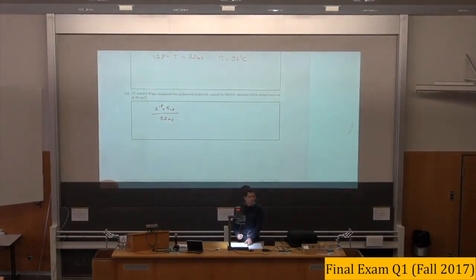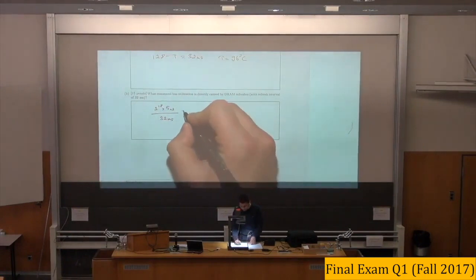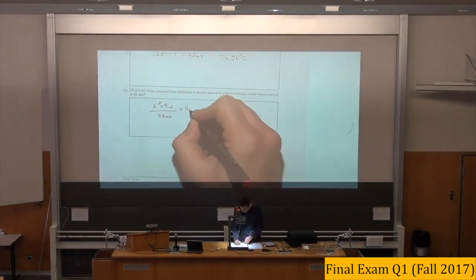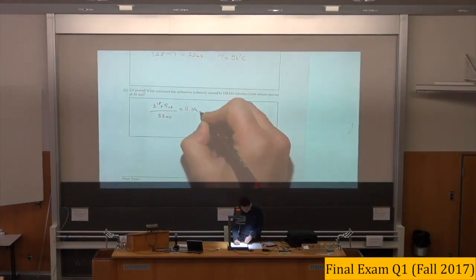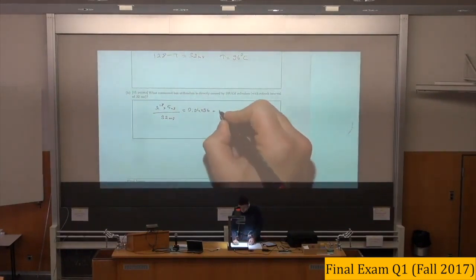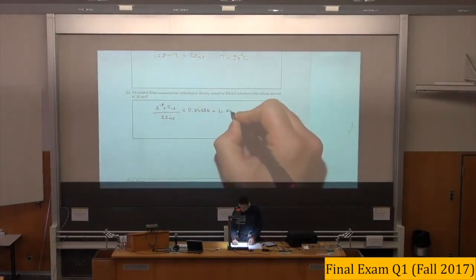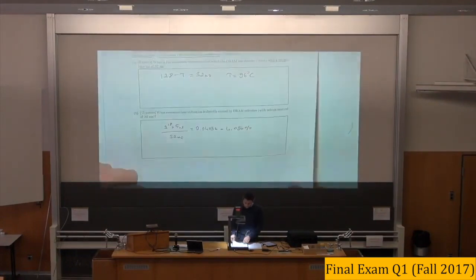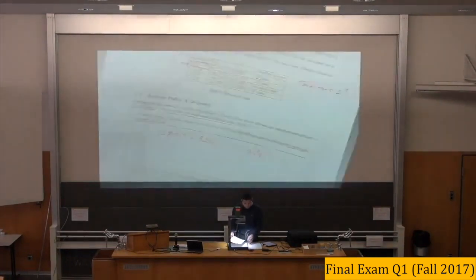So this is the fraction of the command bus utilization. Let me check. Yeah, so the percentage is this one. All right, so this was the first question, the first policy.